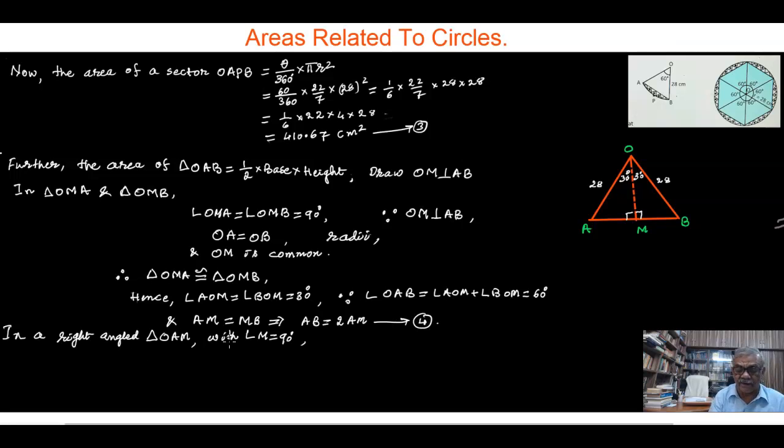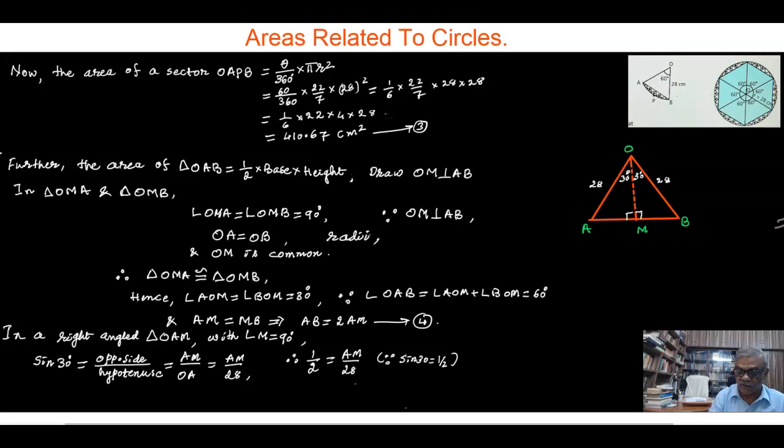In the right angle triangle AOM with angle M equal to 90 degree, sine 30 equals opposite side by hypotenuse. Sine 30 equals AM by OA, that is AM by 28, and therefore half equals AM by 28 because sine 30 equals 1 by 2.